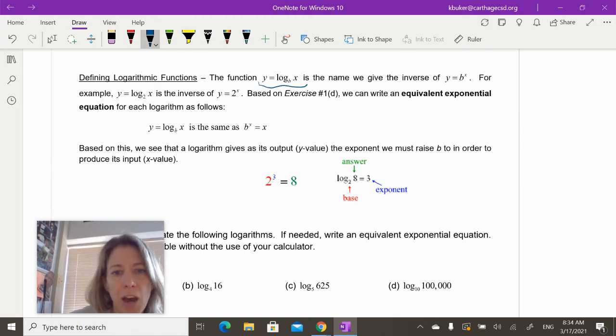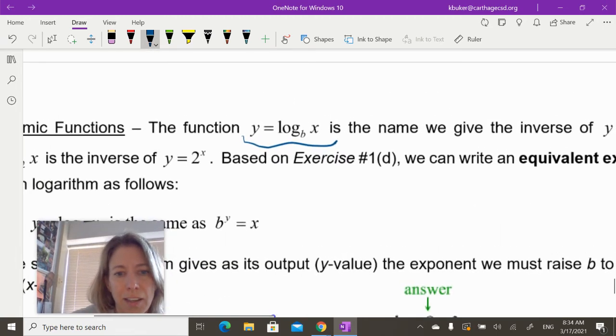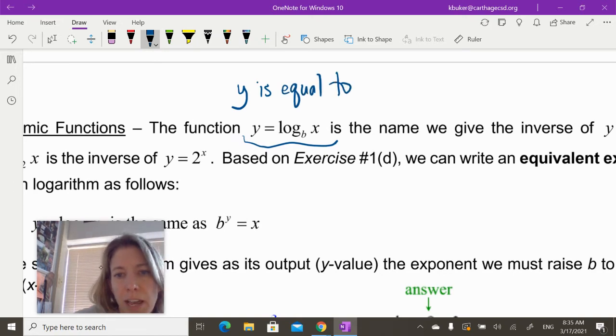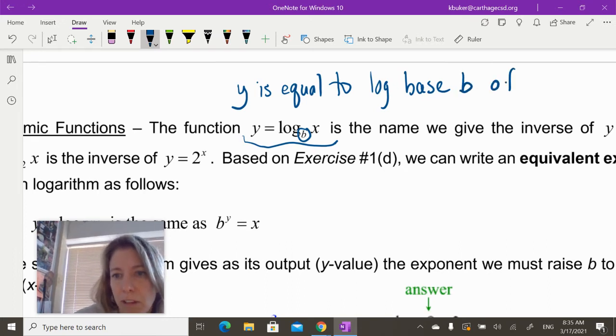I'm just going to write how you should say that. So basically you'd say y is equal to, that's the easy part, right? We read this as log, there's no E on log, I don't know why I wrote that. Log base b. This down here is the base. In this case, it's log base b of x.